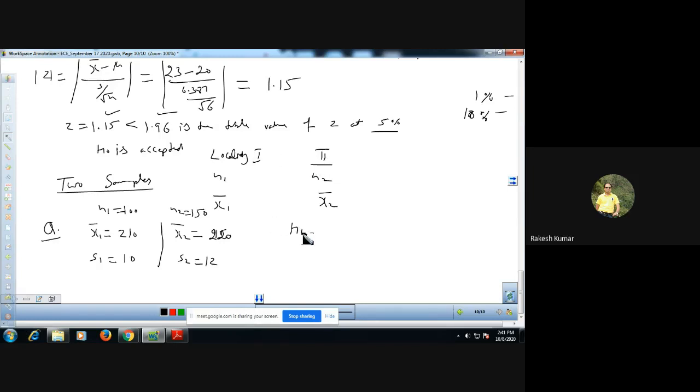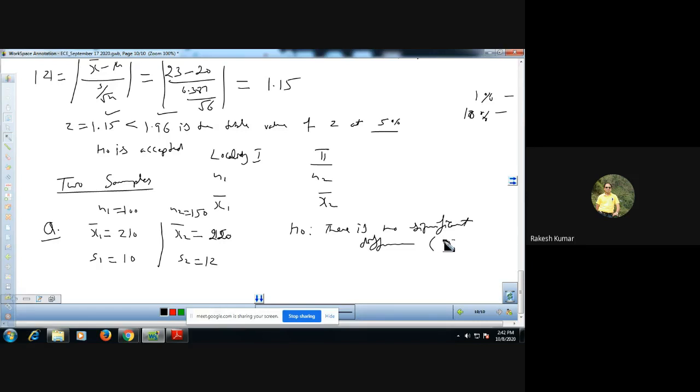Now you have to check whether the difference is significant or not. But we shall suppose that there is no significant difference between the average income of the two localities.